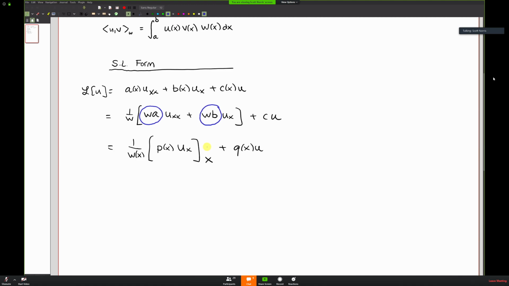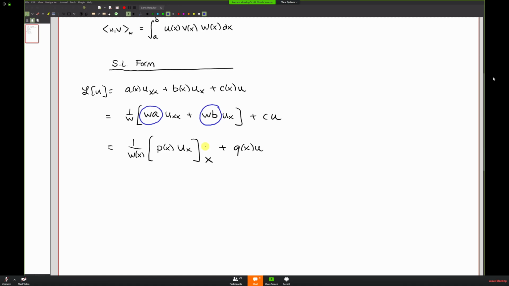You can put all of this together in the same body of knowledge. This is how we solve problems now. We put them in Sturm-Liouville form, and we find the weight function. And once we put them in Sturm-Liouville form, all the things that we want to be true, we know are true. We don't even have to show that they're self-adjoint anymore, because we proved that all Sturm-Liouville problems are self-adjoint.